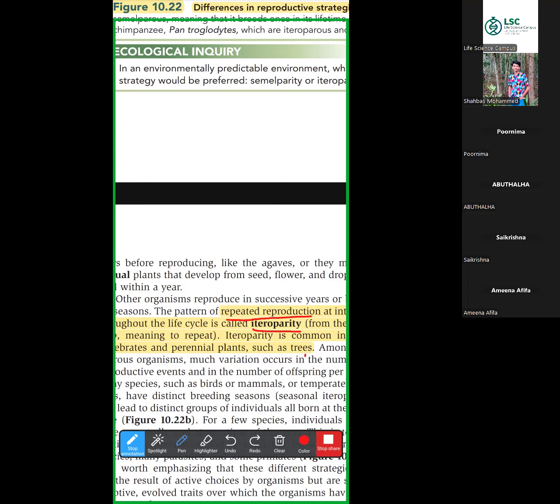And iteroparity can be classified into two: seasonal iteroparity and continuous iteroparity. First one is seasonal. Second one is continuous. In seasonal iteroparity, they have distinct breeding seasons.